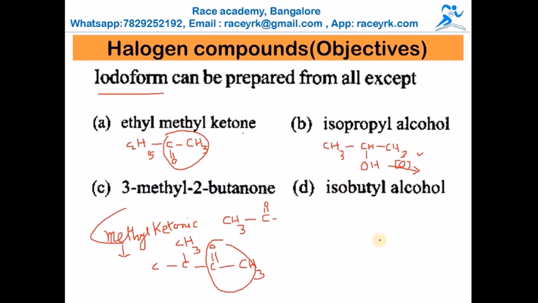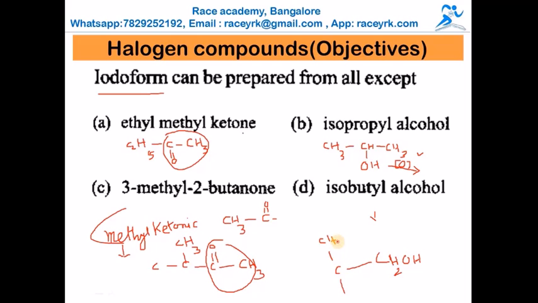You know what isobutyl alcohol is? Isobutyl alcohol is actually a primary alcohol, that is CH2OH will be there. But one of the carbon chains is separately linked with this primary alcohol in the case of isobutyl alcohol.